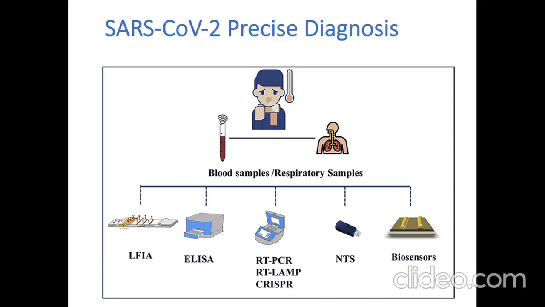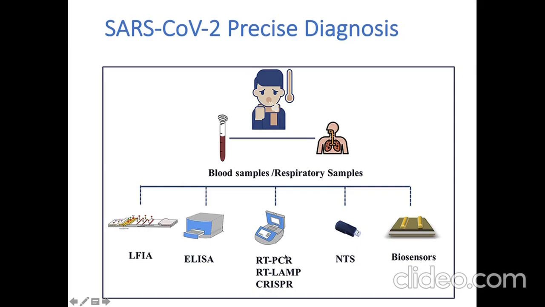There are different methods available in the diagnostic laboratories that are used for the diagnosis of this disease. For example, lateral flow immunoassay, ELISA, RT-PCR, nanopore targeted sequencing, and biosensor techniques.